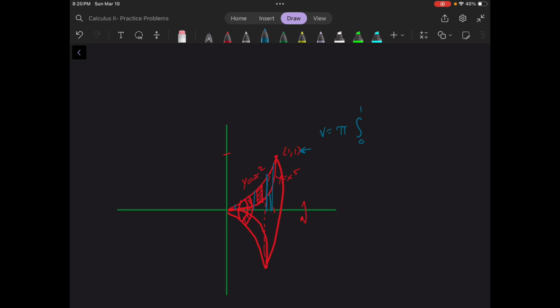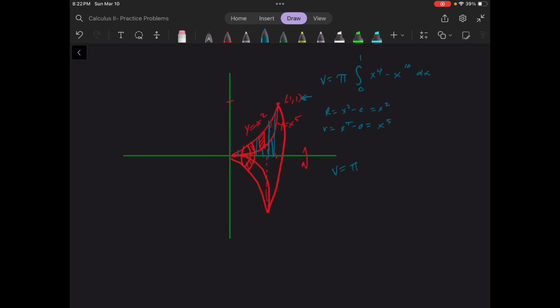The top function is x squared minus 0, so it's just x squared. Little r looks like the displacement between the lower function x to the 5th and 0, so just x to the 5th. So volume is π integral 0 to 1, or let's just evaluate the integral. 1/5 x to the 5th minus 1/11 x to the 11, evaluated at 1 and 0, so volume is equal to π times 1/5 minus 1/11.